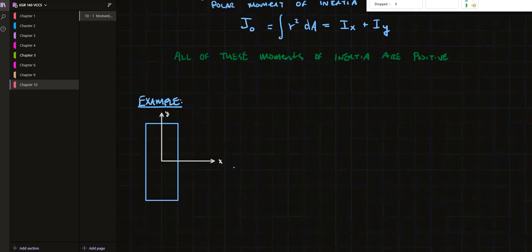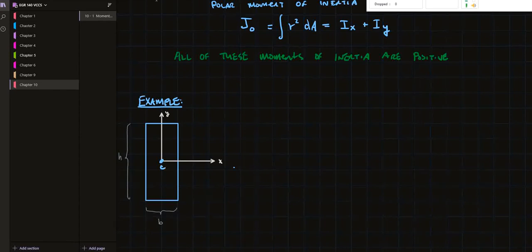All right, so let's now consider this shape here. It's a rectangular shape with a height h and a base b. It doesn't have to be narrower and taller like this, but it just happens to be. That's the centroid there.